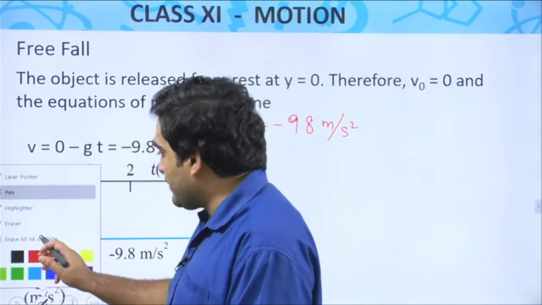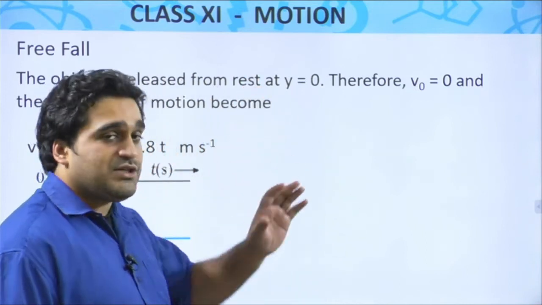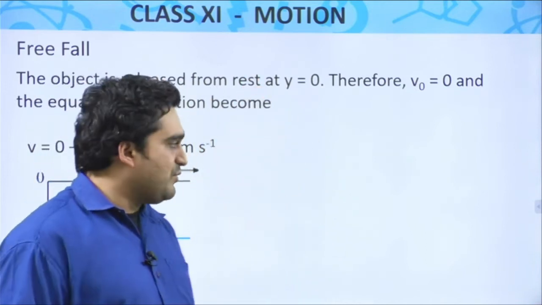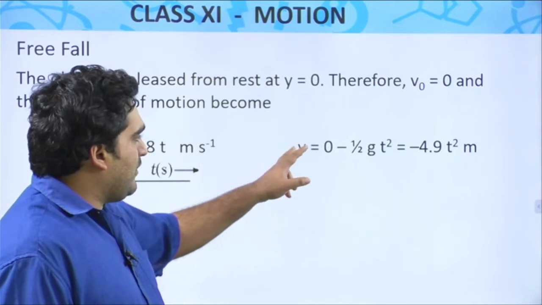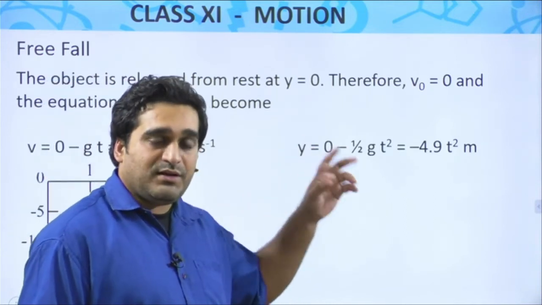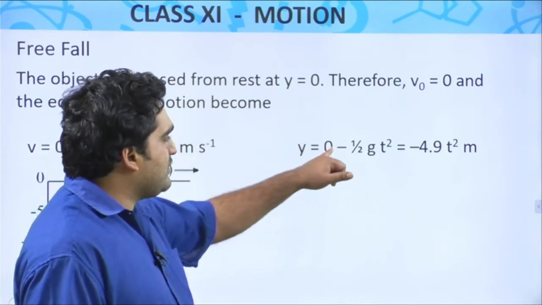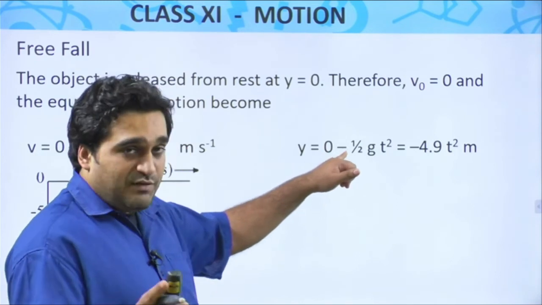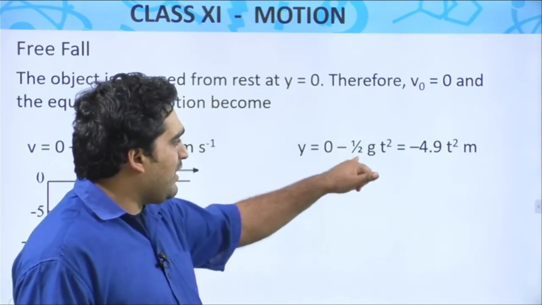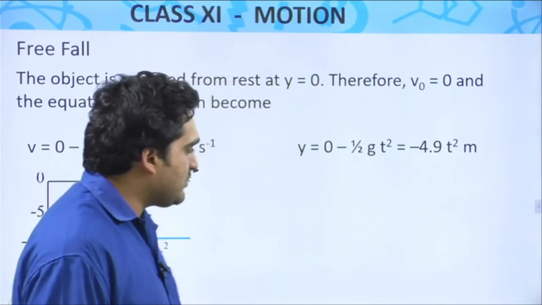Similarly, using the same set of information for the second equation of motion. Here you have y being the displacement, there we have written s. No problem. 0 minus initial velocity 0 minus half gt square. You get minus 4.9 t square.